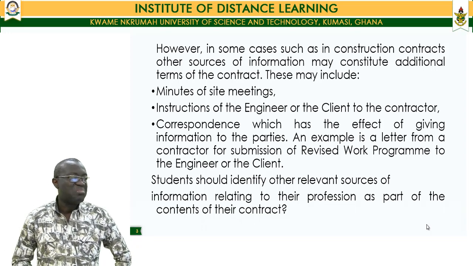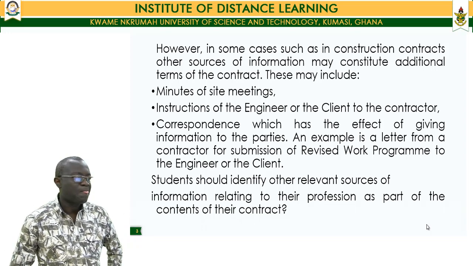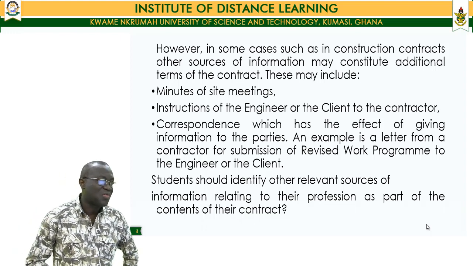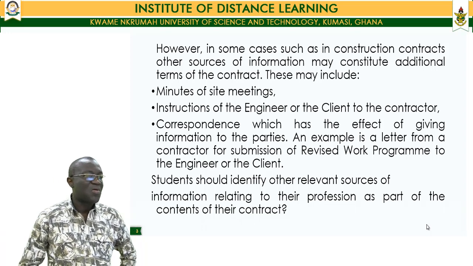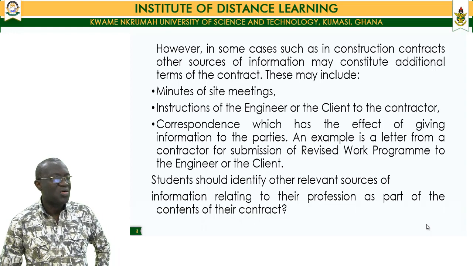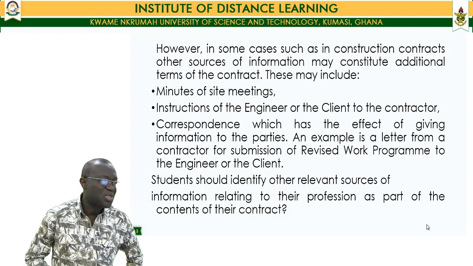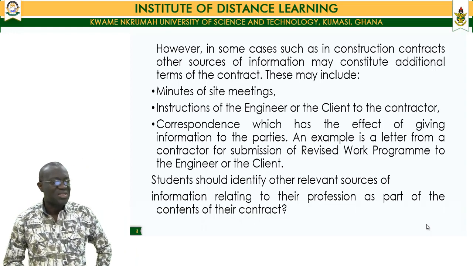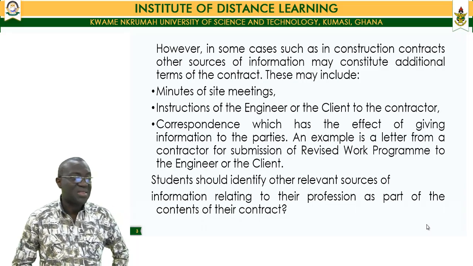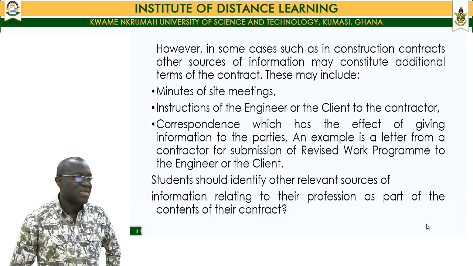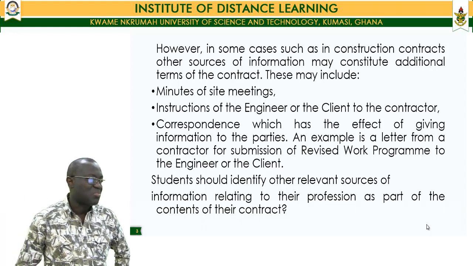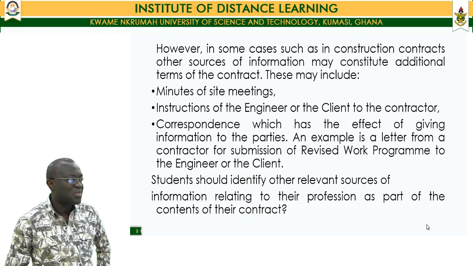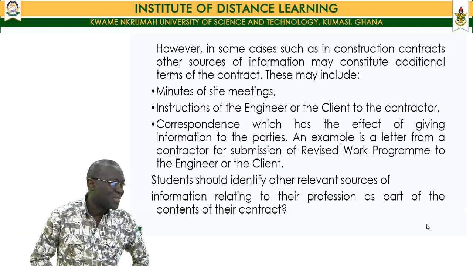These may include minutes of the site meetings or any extra meetings you were holding, which will be part of it, instructions of the engineer or the person making the procurement or the client to the contractor, and correspondence which has the effect of giving information to the parties. As an example, a letter from a contractor for submission of a revised work program to the engineer or the client.